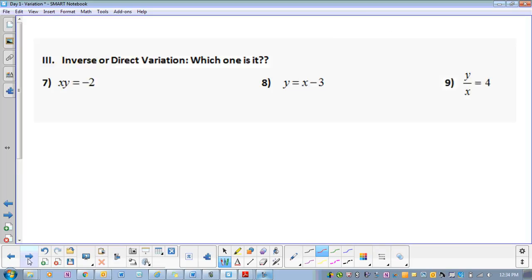Okay, so they like giving you these type of problems too. Is it inverse? Is it direct? Which one is it? Or is it neither? Okay? Inverse, we said, is y equals k over x. Do you agree? Direct is what? Y equals kx. Okay.